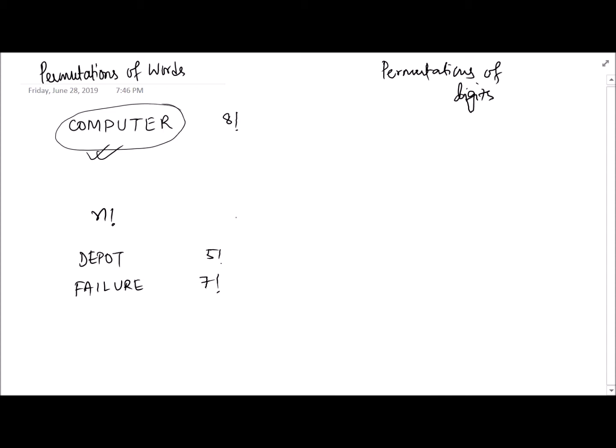Now what about apple? See, p is repeated, so the answer will not be 5 factorial, you know that. But what will be the answer?